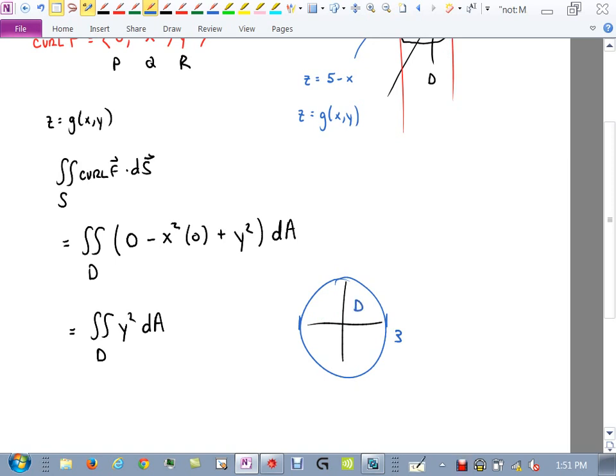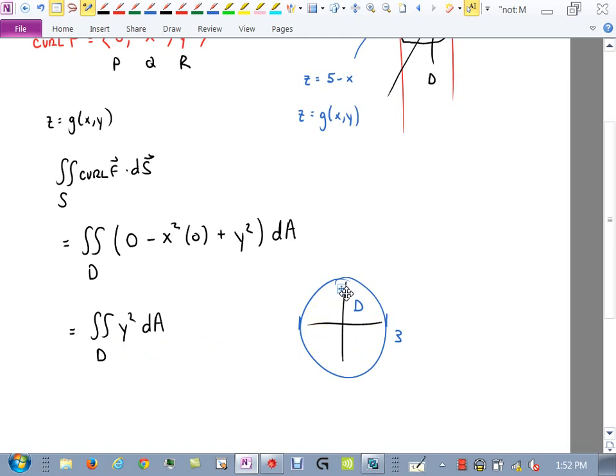What type of region is D? Why aren't we just doing the area of D? It's not 1. If it was just 1 dA, then I would just say pi r squared. Unfortunately, this is the first problem we've done today where that last little piece of the integral didn't have a constant in it. So I've got to actually do this one.